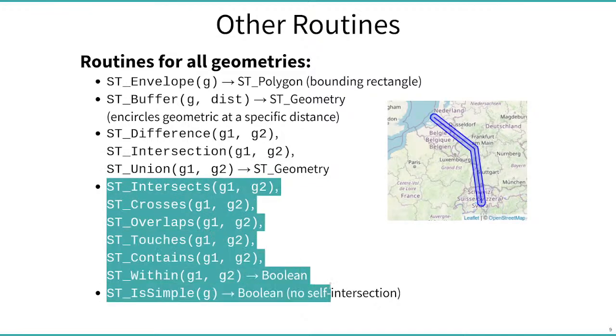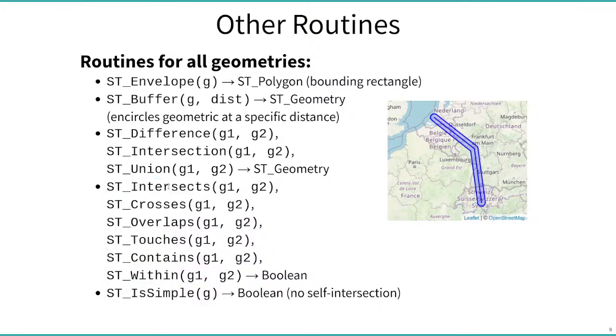Then predicates, which return Boolean: if they intersect, if they cross, if they overlap, if they just touch at the borders, if they contain each other fully, or if some object is within another object. So basically contains and within are the same, but you provide them in a different order.